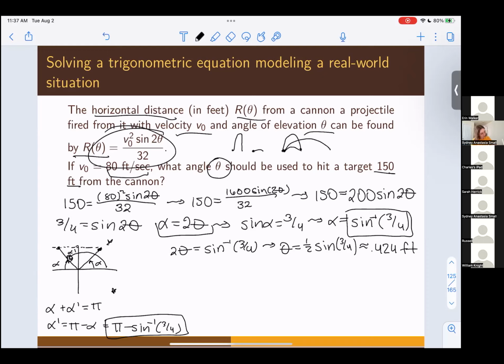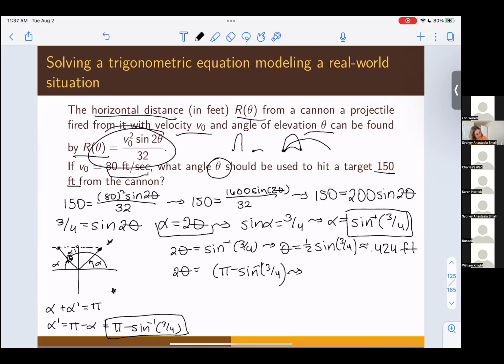Cool. Now doing it to my other equation, alpha prime, 2 theta is equal to pi minus the inverse sine of 3/4. So dividing both sides by 2, or nope, that 1/2 doesn't belong there yet. That's the next step.